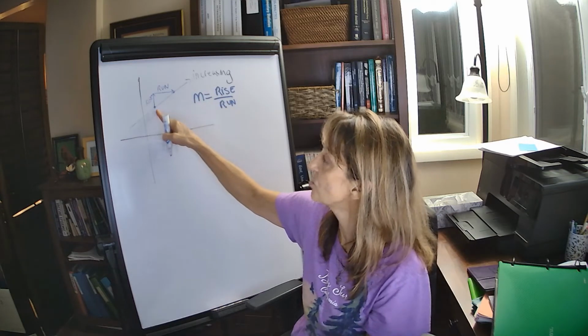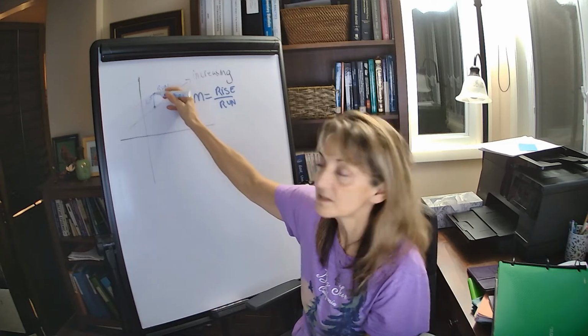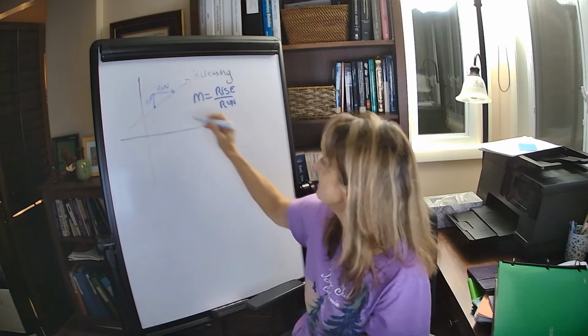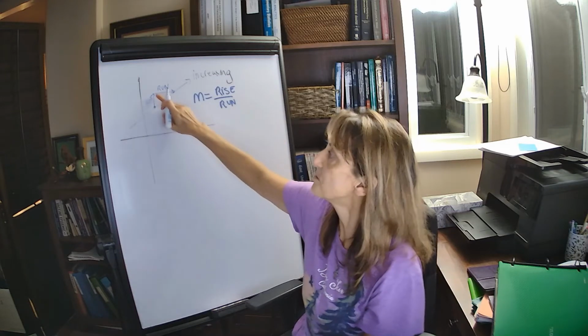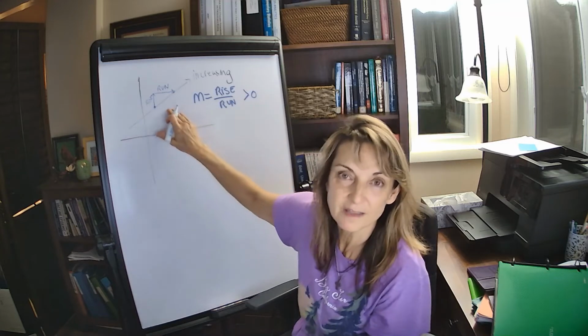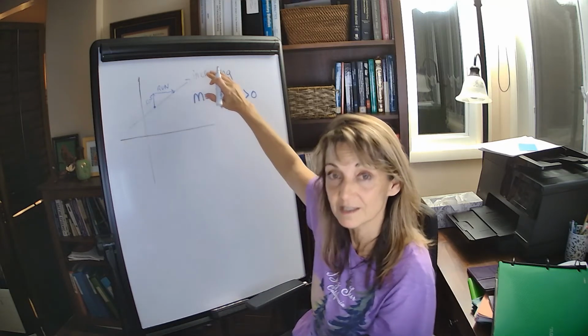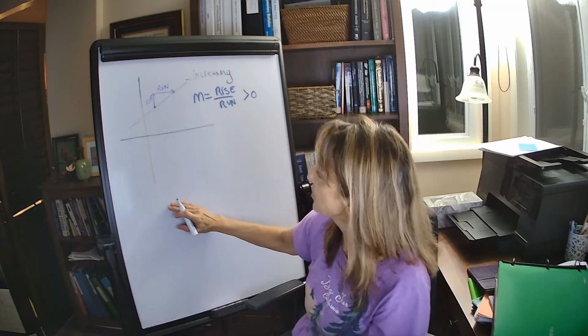To go to another point to the right, we have to go up. So we have positive rise and positive run. When we have positive rise over positive run, this is going to be greater than 0, which is how we see that positive slopes correspond with increasing inclines.